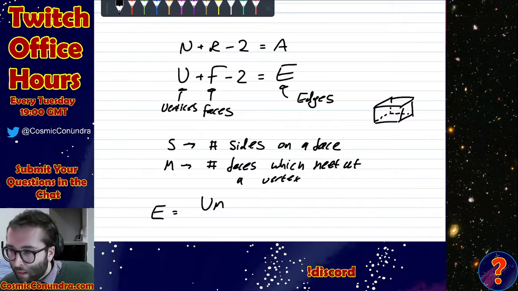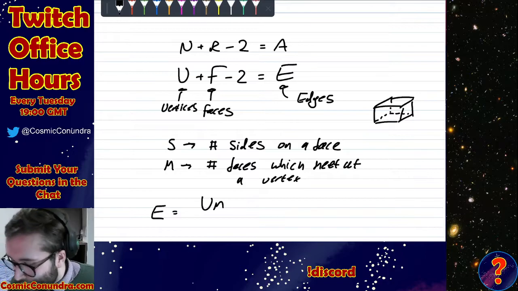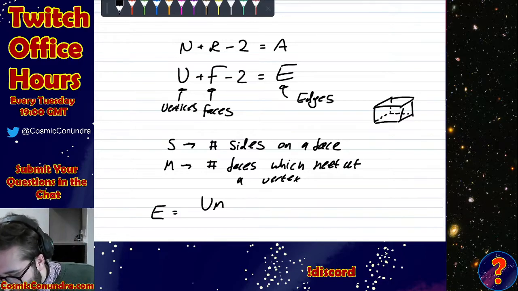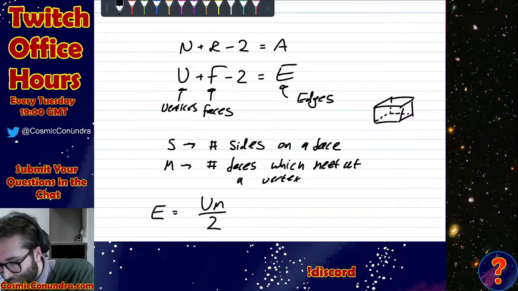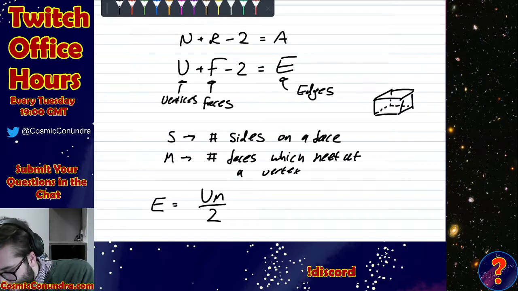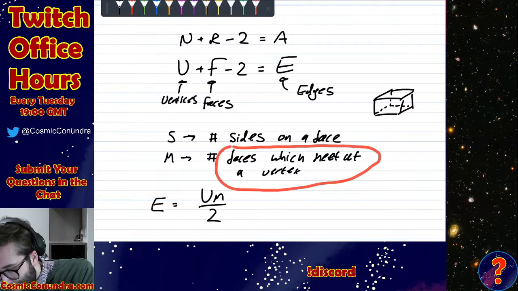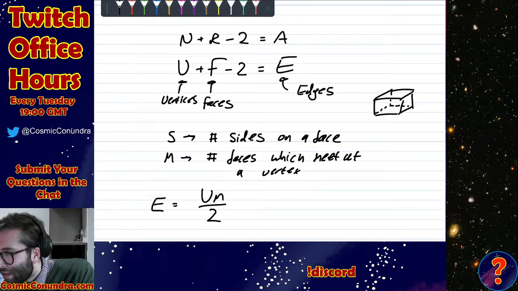Okay. But in just doing v times m, we've actually double counted the number of edges that are present here. Because each edge is shared between two, okay, so we have to divide by a factor of 2 here. So v times m is counting how many total edges there are at each vertex.